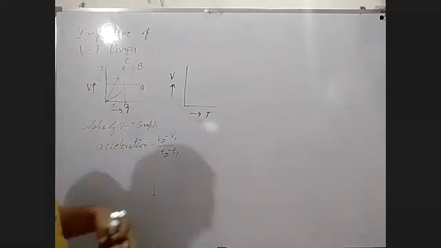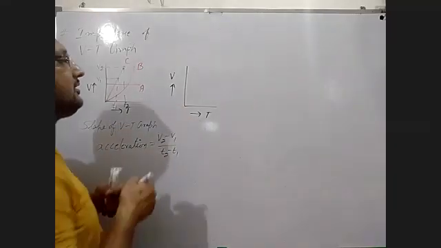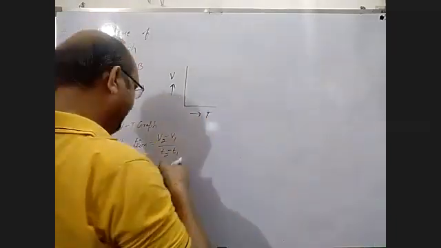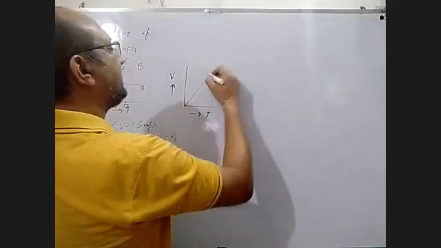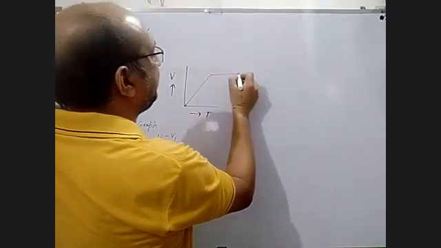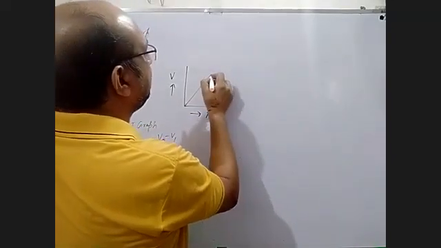Now, the other thing is what? Suppose you have a graph in this way, like this, and then like that.